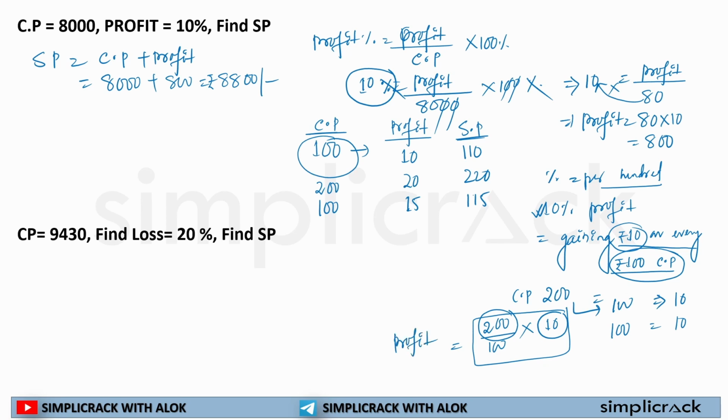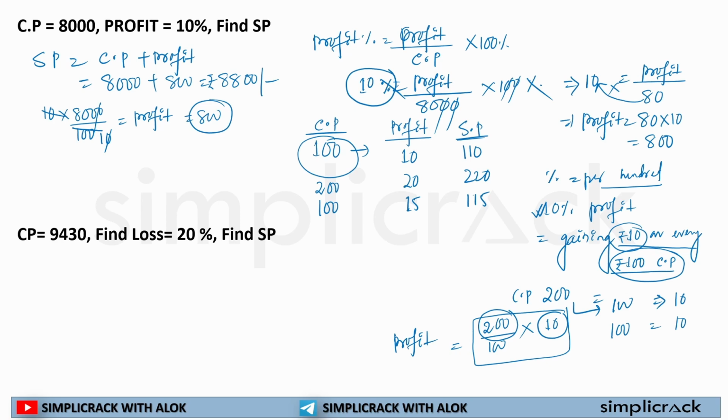So here in this particular case, we can simply do 10 multiplied by 8000 divided by 100 is equal to profit. If I solve it, I'll get my answer, that is 800 was my profit, and my sales price is cost price plus profit.